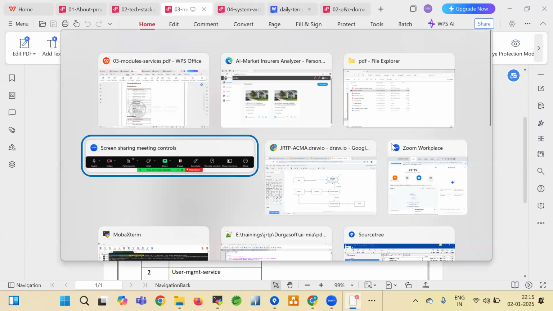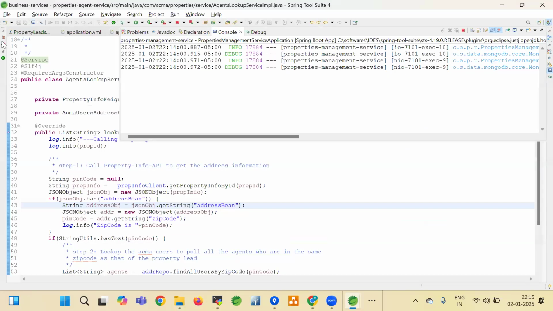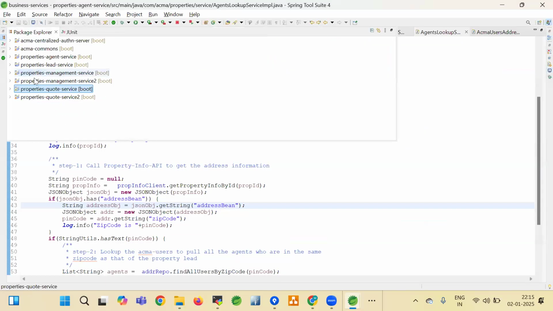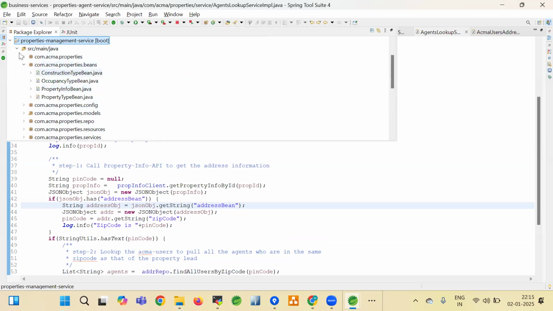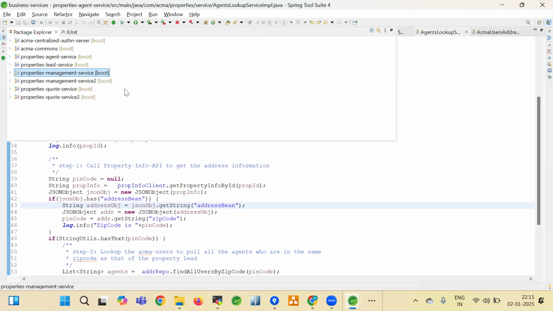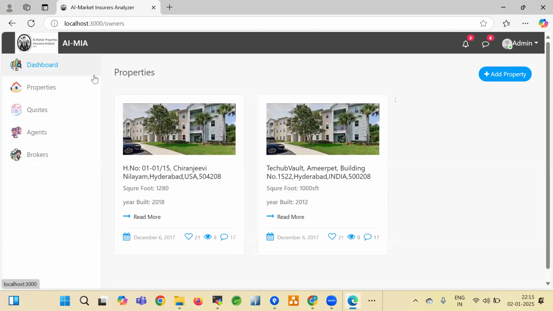It's a properties management service, which can manage the properties basically. And the properties management has the property owner's information.